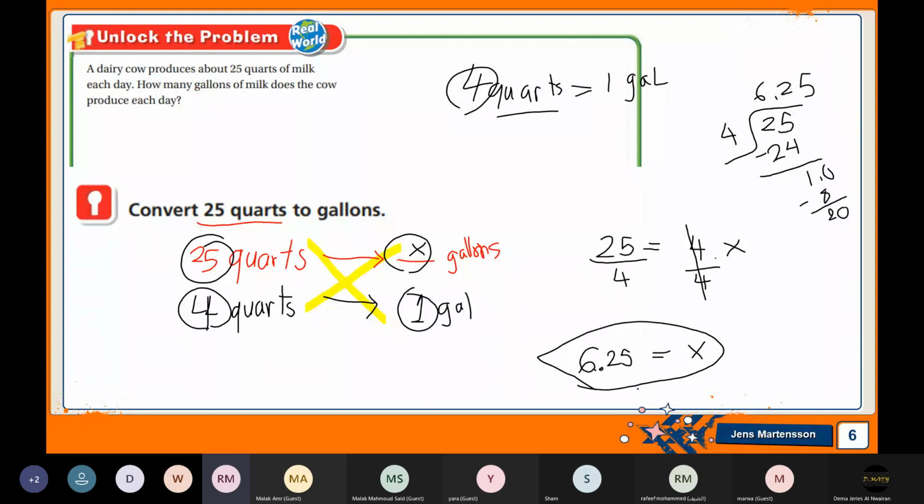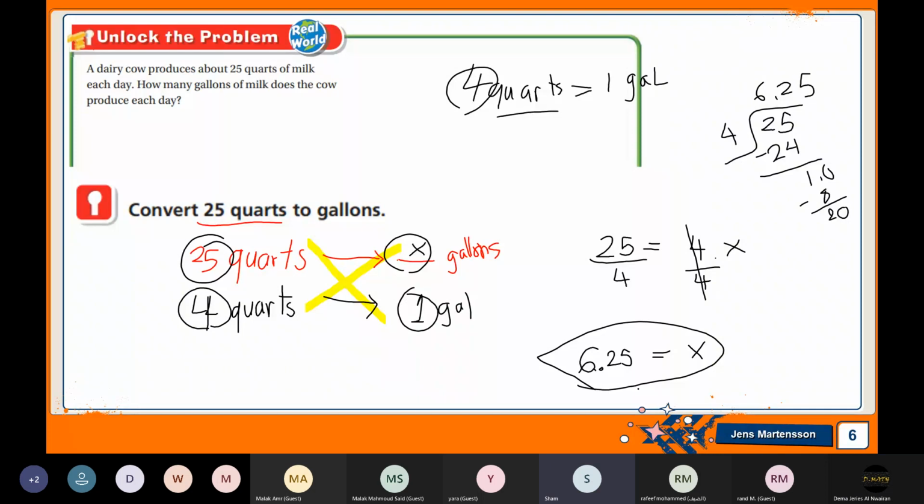Teacher, I didn't understand this lesson. I didn't understand how you make the quarts and gallons. The conversion will be given, and then you will want to see if you have to multiply or divide.